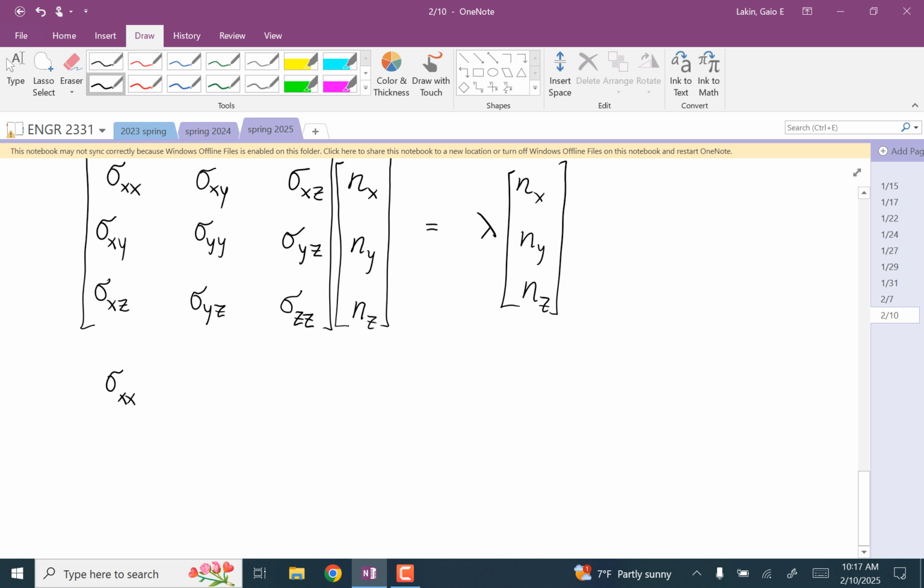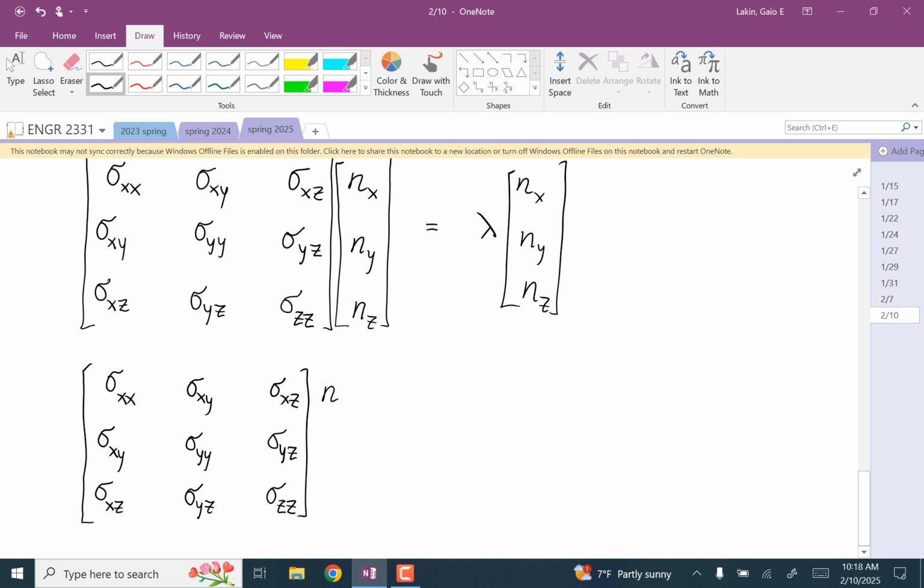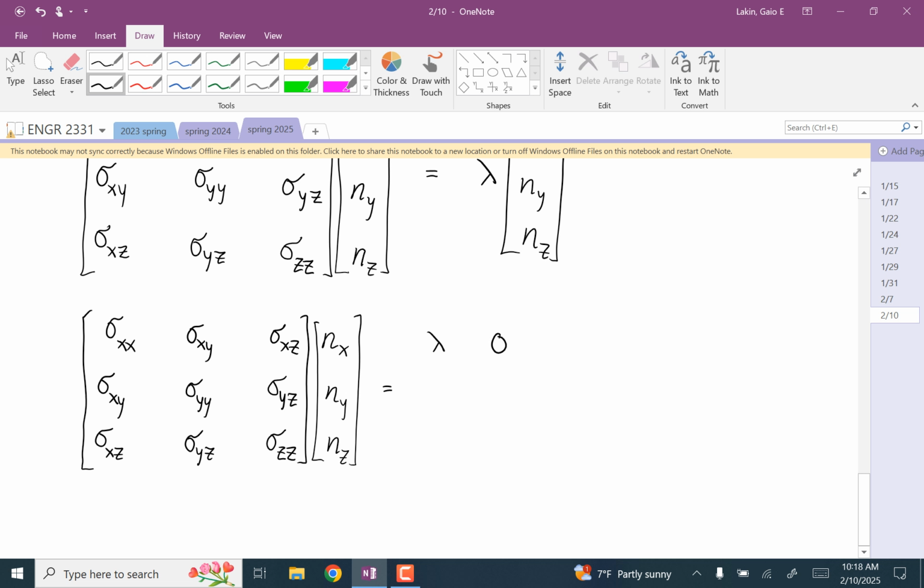So another way we can write this is sigma xx, sigma xy, sigma xz; sigma xy, sigma yy, sigma yz; sigma xz, sigma yz, sigma zz, times this vector, is equal to lambda 0 0; 0 lambda 0; 0 0 lambda, times nx, ny, nz.